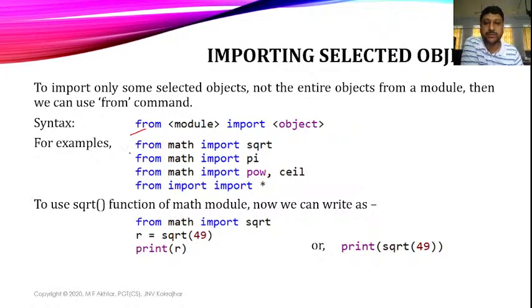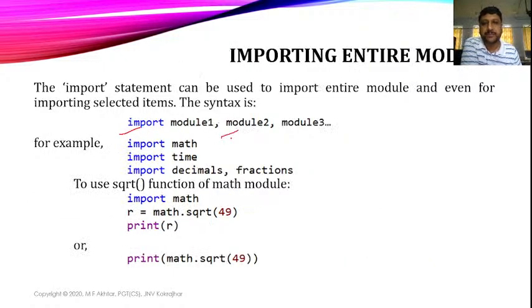One more thing to know: if we use the import statement to import modules, then we need to add the module name with the function name in our program. Suppose we import the math module using import math, and we want to use the square root function, then we need to write math dot square root. The module name must come each and every time we use any function of that module.